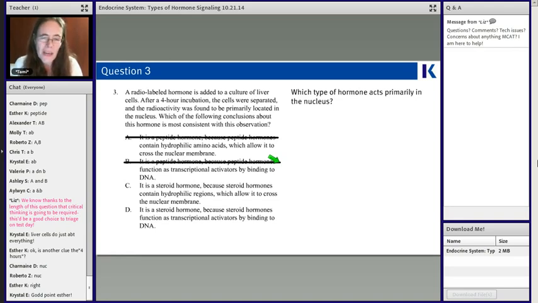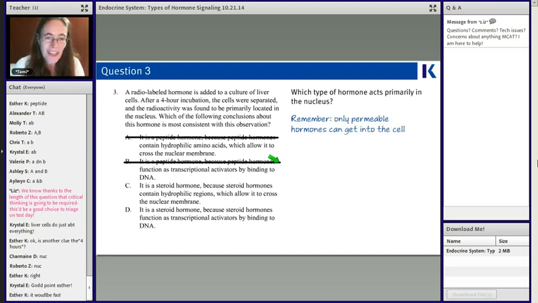We could definitely use that 4-hour incubation, because if it was a peptide hormone, in 4 hours it's going to be gone. We're really not going to see it. Yeah, it would be fast. So that's definitely another clue here. But the biggest one is this puppy is in the nucleus somehow. So the only permeable hormones can get into that nucleus. So this has to be steroid.